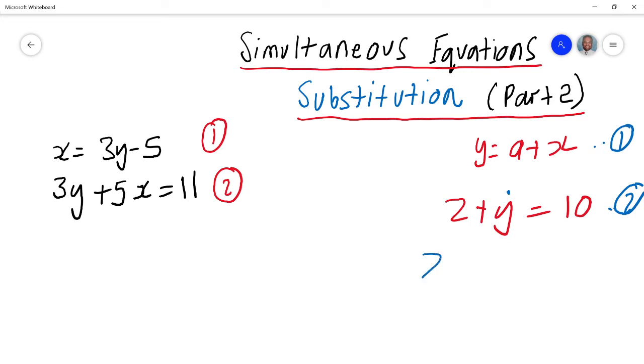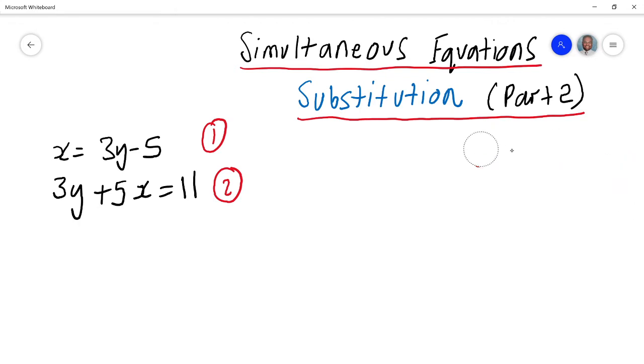So that's going to be z plus a plus x equals 10. All right, now we can't simplify that further because we've got unlike terms there. So this is just a rough idea of what substitution is, and we're going to be applying this concept in this question here. So I'll just rub this out and then we'll go through the question right there.